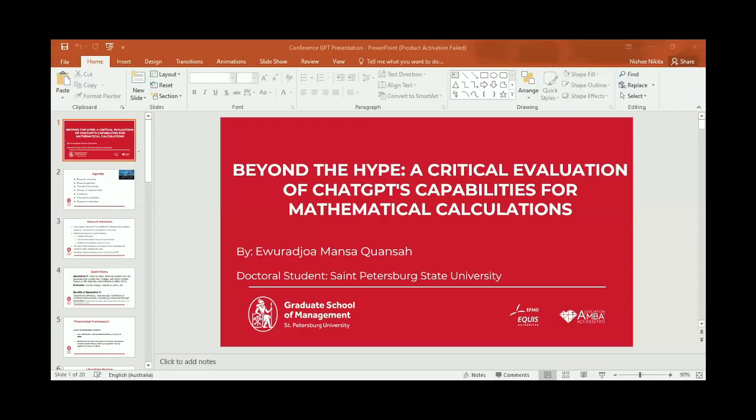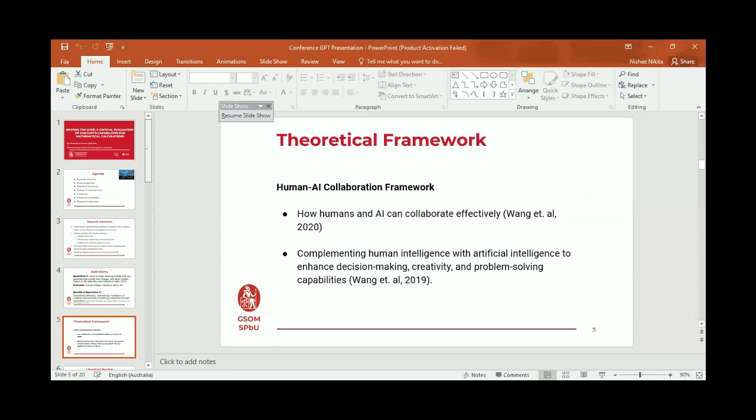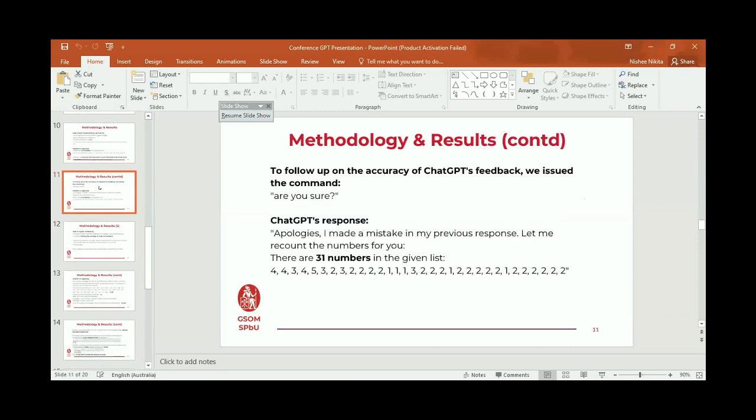Just hold on. Is it moving? Yes, now it's moving, but not in full screen.